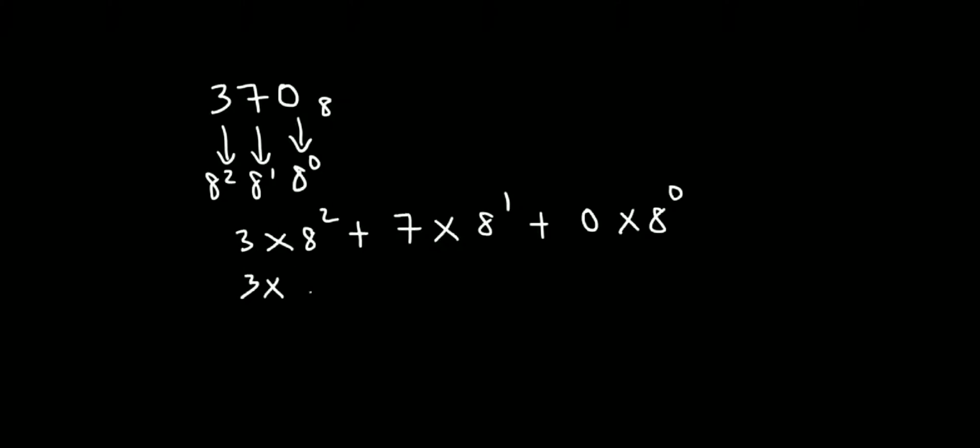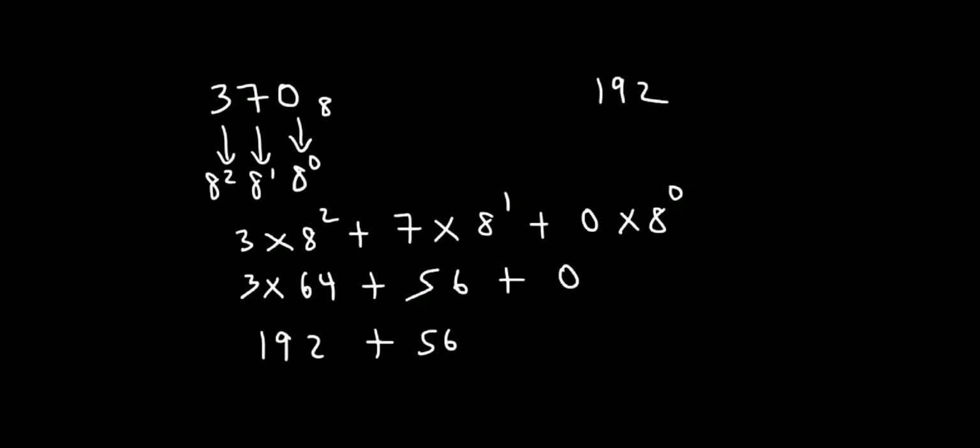Then we will evaluate this: 3 into 64, then 7 into 8 is 56, and it is 0 because whatever we multiply by 0 it will be 0. Then this is 192, this is 56, and 0 is 0.